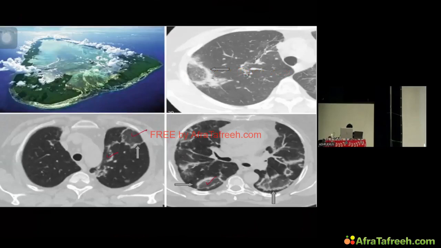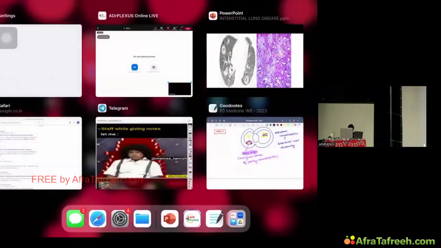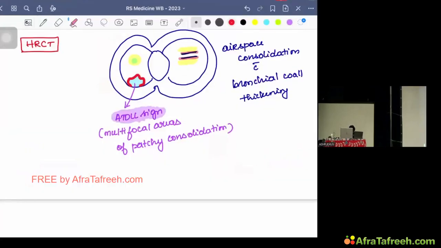Or sometimes this can be more organized, looking like this. This is called the reverse halo sign.